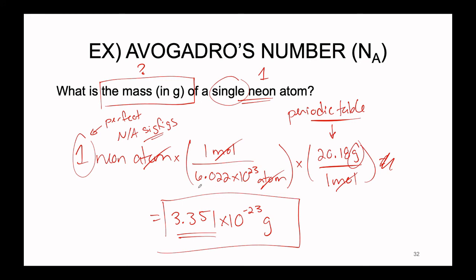Avogadro's number, again, is a measured conversion factor. It is approximate, it's an average. So we have 4 significant figures present here, and the mass from the periodic table also has 4 significant figures. And since both of our conversion factors have 4 sig figs, our answer should also be presented with 4 sig figs. So 3.351 times 10 to the negative 23rd grams.